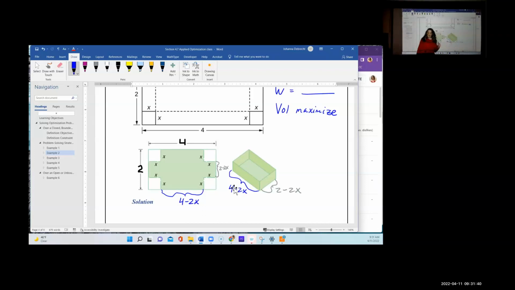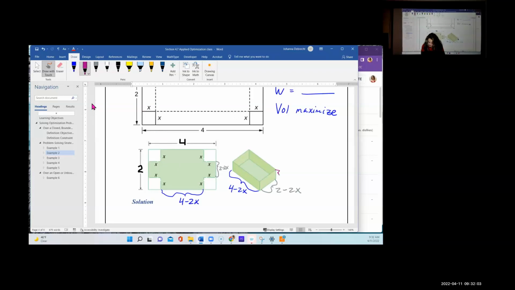Now the piece that I'm missing isn't in the picture on the left, but it is in the picture on the right. And in the picture on the right, I need the height. But when I fold up the corners of the box, the height will be that length x. So the height of the box is going to be x.